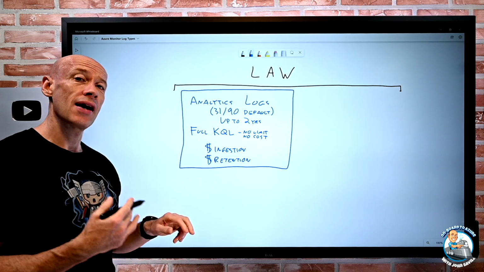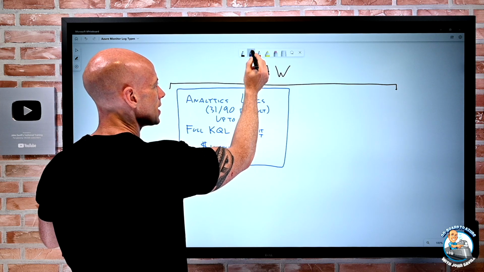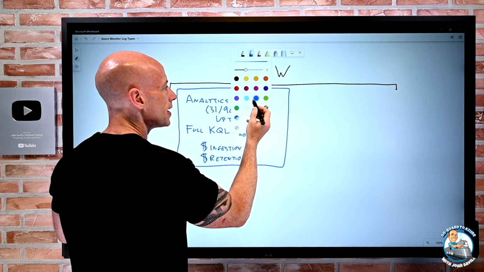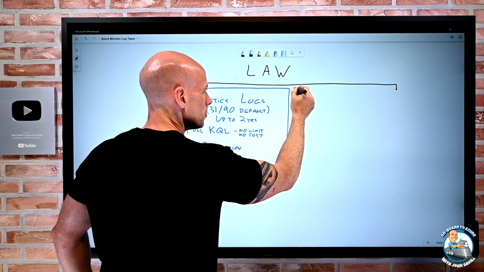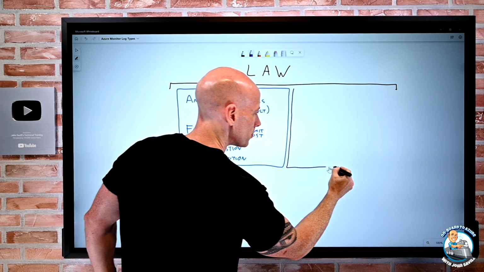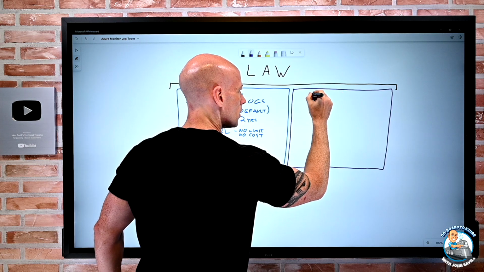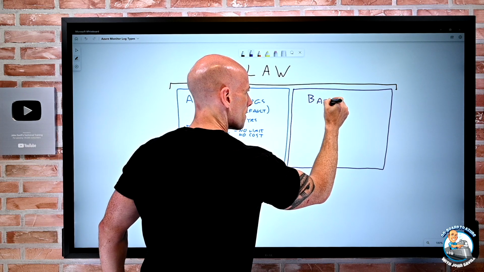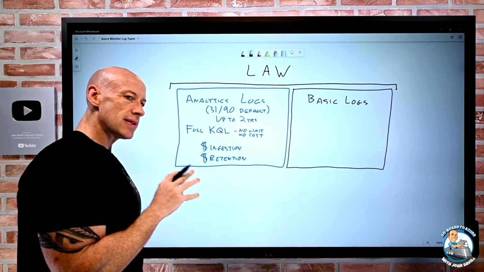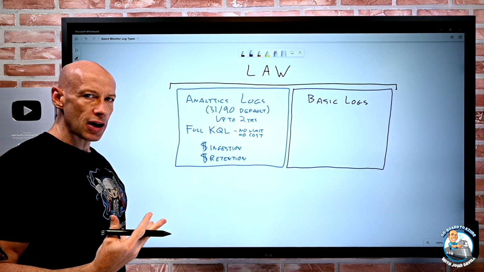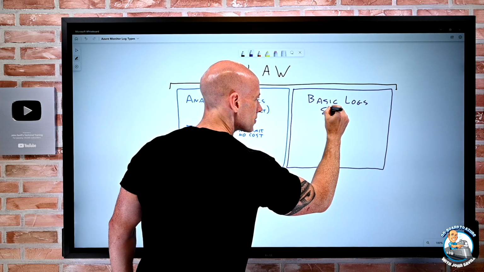So now we have a new type. What we also have available to us now is this idea of basic logs. So now I can think about another type, put it next to here. Basic logs. Now with basic logs, I have no configuration over the retention time. It is 8 days.